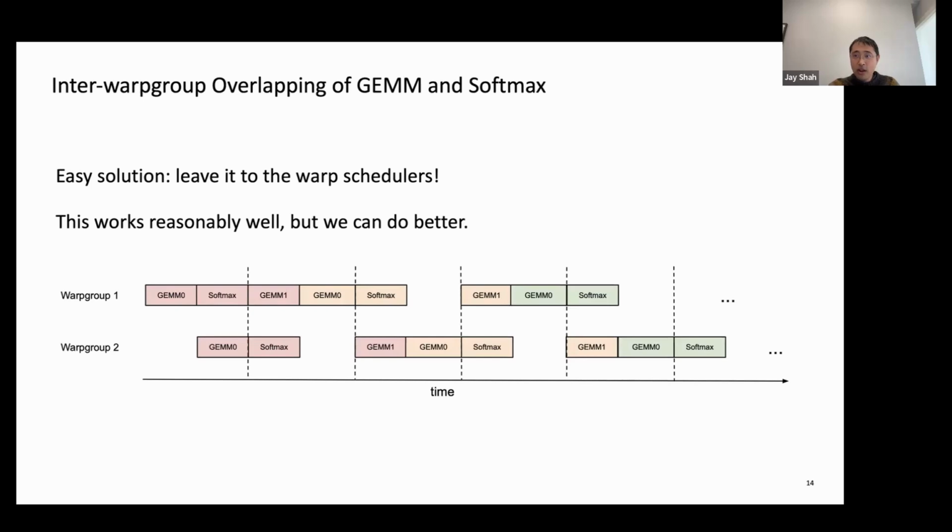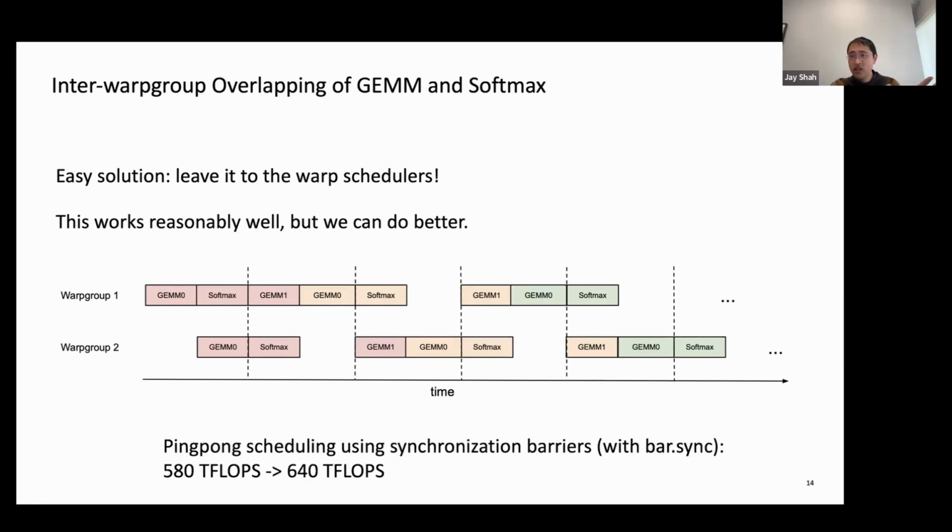For example, if we have two consumer warp groups, we could schedule the WGMMA of warp group 2 under the softmax of warp group 1, as illustrated in this picture. This is an idealized picture, but we can to some extent approximate this execution schedule using barriers. And we call this a ping-pong schedule.